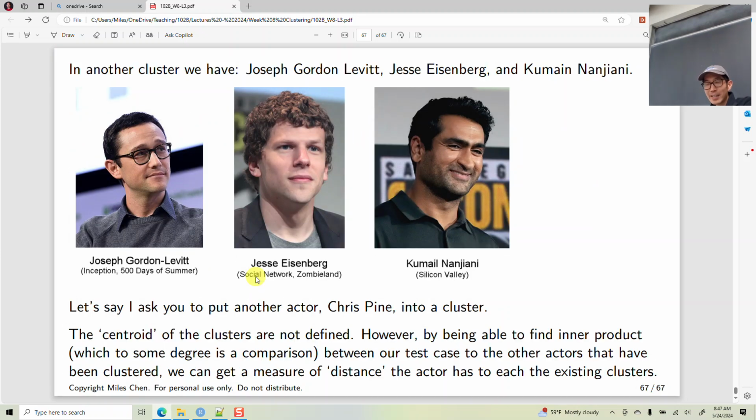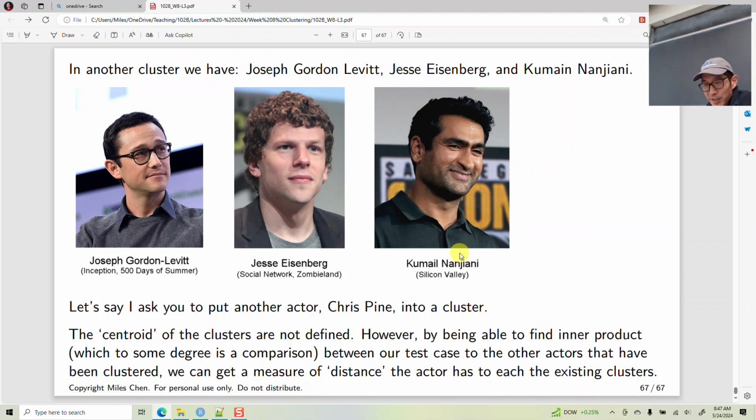And then I don't know if you're familiar with these other actors, but they play different roles. The kinds of roles they play are maybe where their power is more in their wit, so that when faced with a problem, they would probably think about it before starting to throw any kind of punches or something like that. And so I might cluster them together based on their roles here.